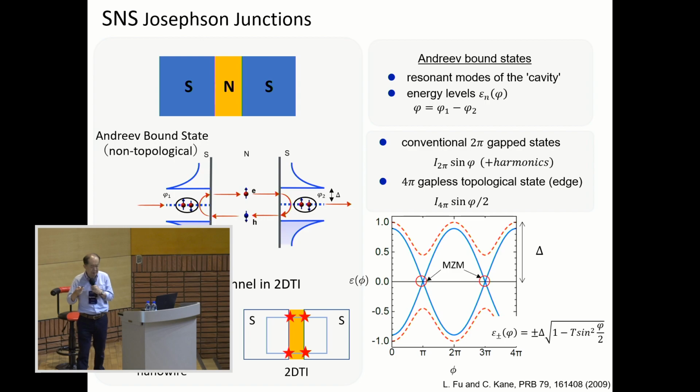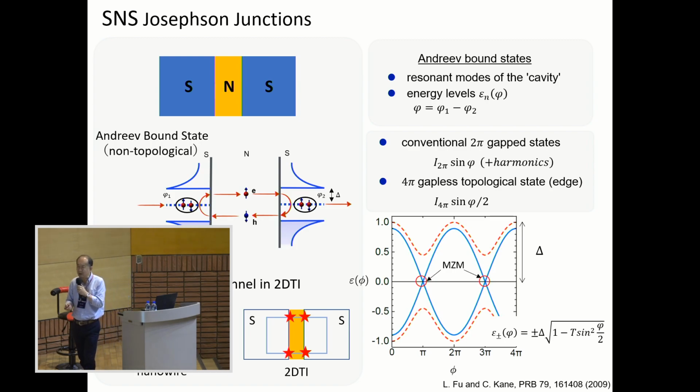But it is predicted in theory that when the nanowires or the topological insulator, this N region, become in topological phase, it should show this kind of energy phase relationship.